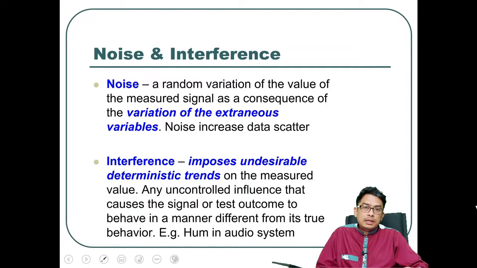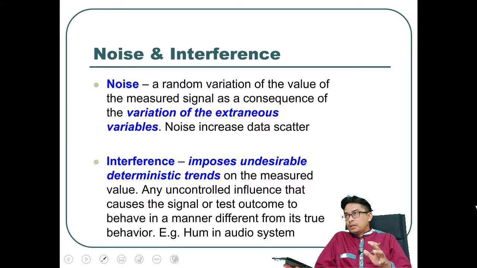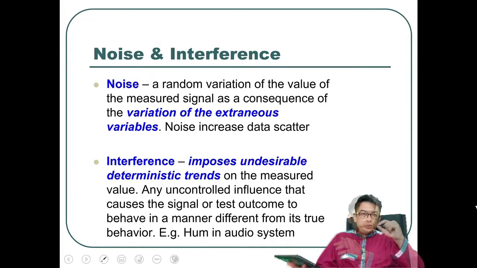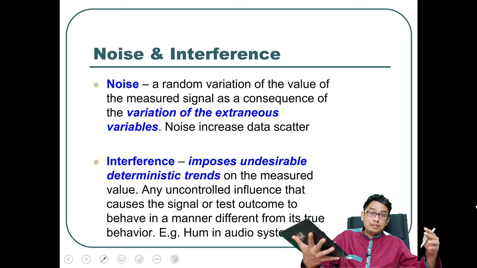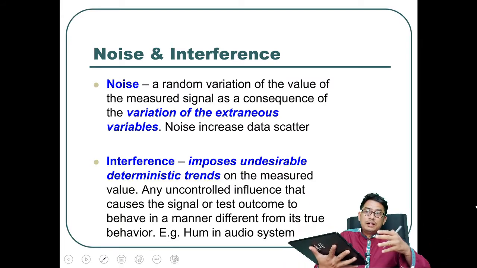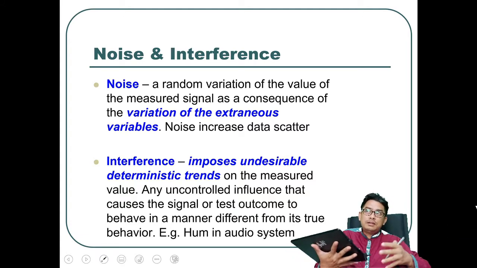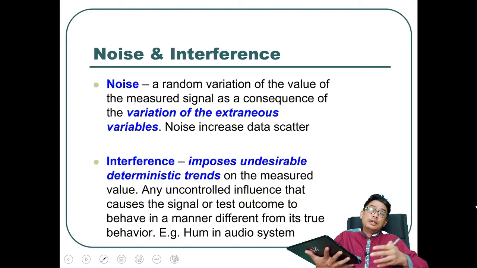And then what is interference? Interference creates deterministic trends, trends that are not predicted during the plan. It is difficult to define interference. From the name itself, it's something that interferes. Maybe one signal interferes with another signal, and together they create something else. That is interference in layman's terms.